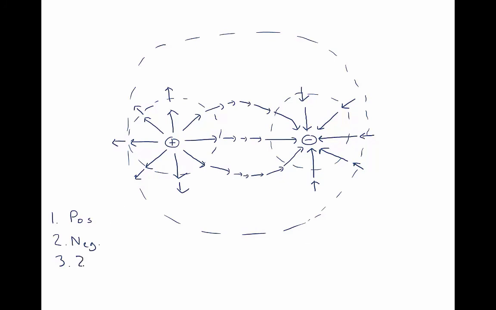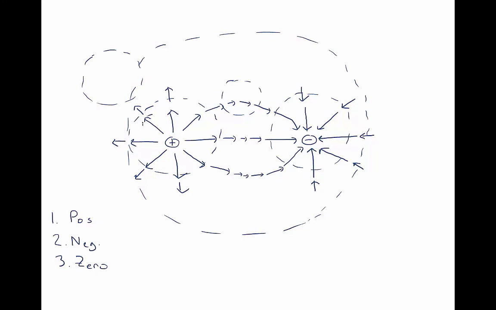So we're going to get zero flux. Now let's say we have a sphere that contains neither charge. Well, if that sphere was over here, you would see that every arrow that comes in has a corresponding arrow that comes out. That would give us zero. What if it was over here? Well, over here we'd have some big arrows going in and we have some small arrows going out. And overall that would balance out too.